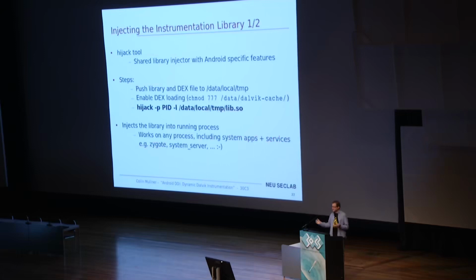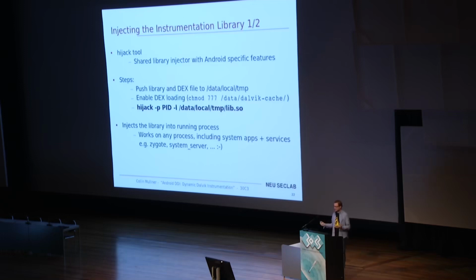Okay, but how do we actually install a hook into the system or into an application? For this, I created this Hijack tool, which is basically a port and some enhancements of a very simple Linux shared library injector. And the steps you have to do after you create your library, you push the library to data local temp.